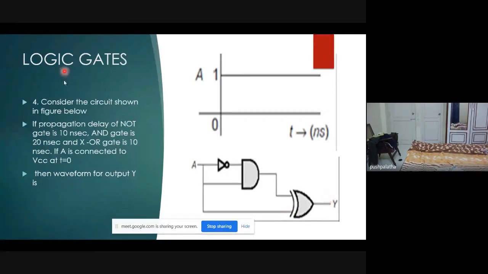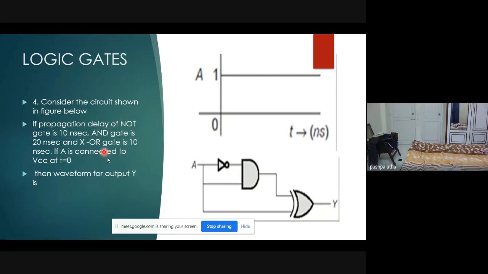NOT gate delay is 10 nanosecond, because after 10 nanosecond only it will reach the input of the AND gate, and AND gate delay is 20 nanosecond. So it will be 10 nanosecond plus 20 nanosecond. After 30 nanosecond only, it will reach the XOR gate. Clear? Right. And you have the XOR gate delay also.